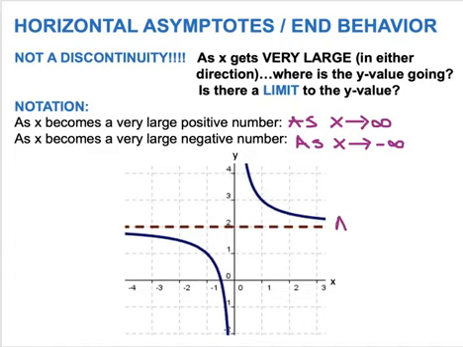We can write that down here. This is our end behavior. As x approaches infinity, f of x approaches 2.